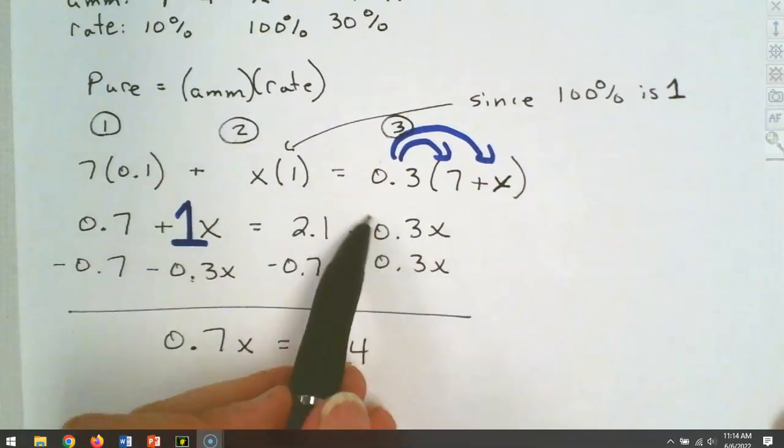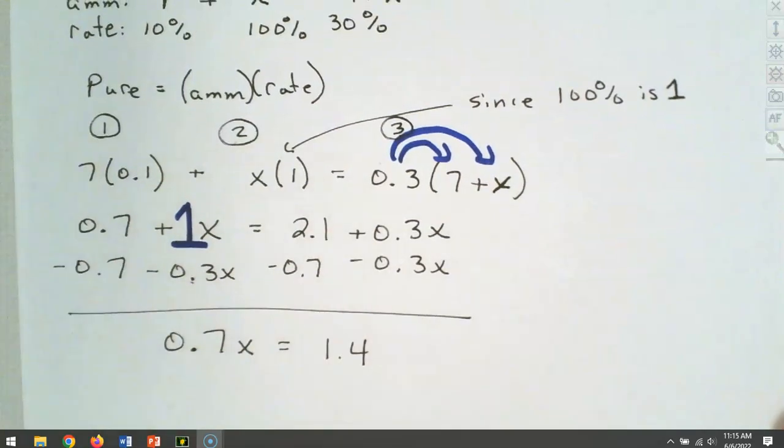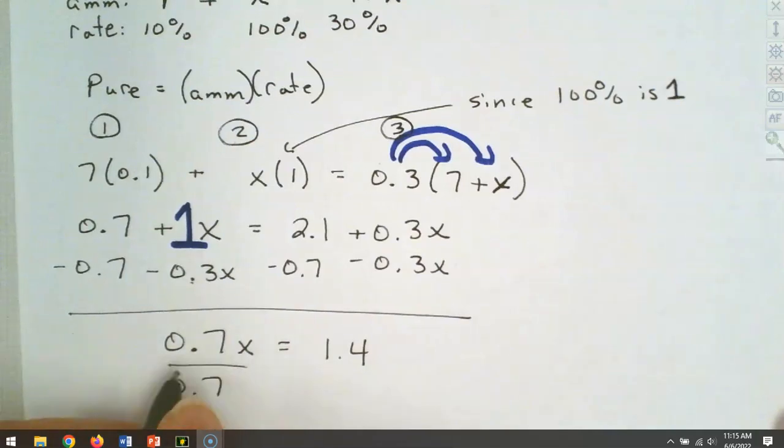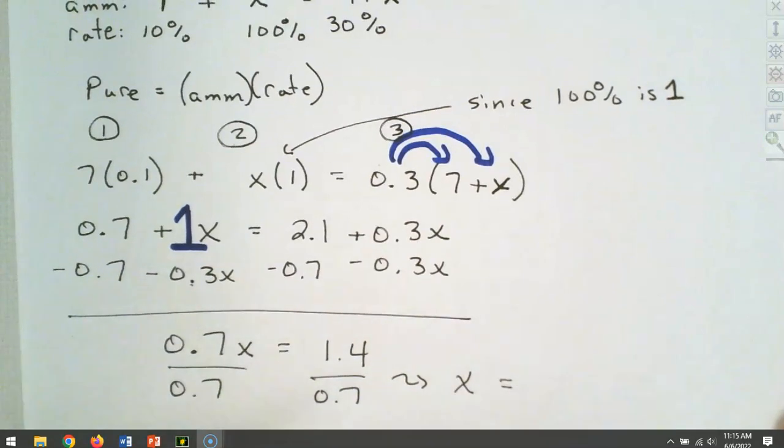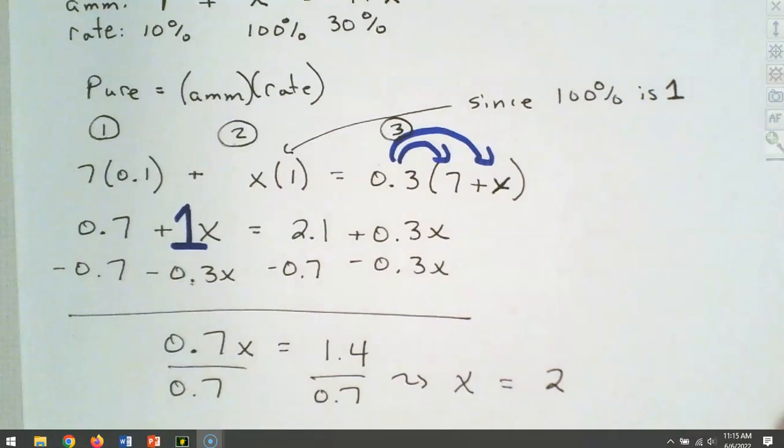Because those can cancel here, those can cancel there. Now we simply divide by that 0.7, and that gives me then x equaling 2. And let's look at our units. Our units in this case are in terms of liters, so my answer would be 2 liters.